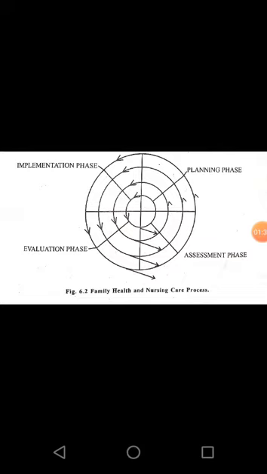This was the problem and this we have planned and we have provided this. Now what is the condition? We will be evaluating how much it has been cured or how much it has been relieved. Further what we can do. So the evaluation phase. So the basic steps are the same in the nursing process: assessment phase, planning phase, implementation and evaluation.